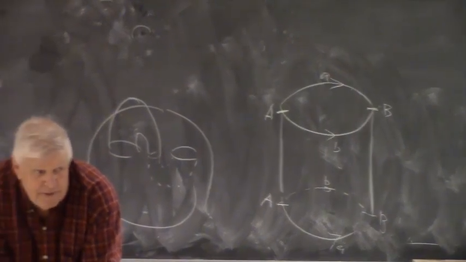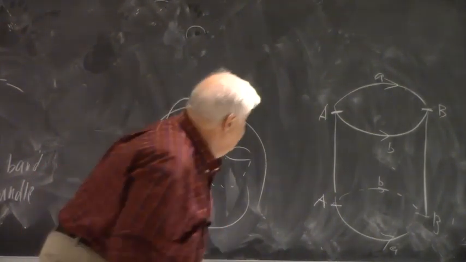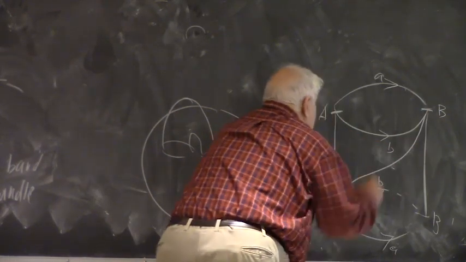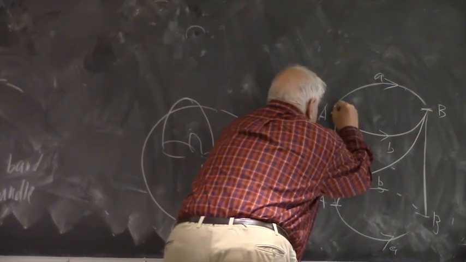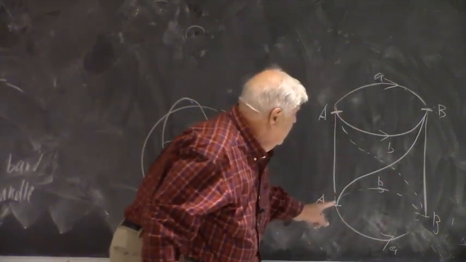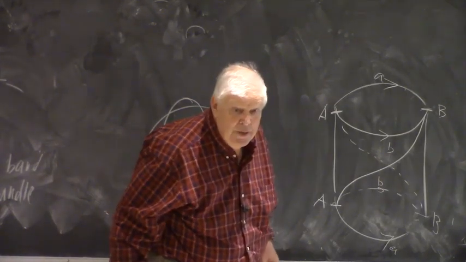Now take again a pair of scissors and cut the cylinder into two pieces. You see how it is done. Now, what are the two pieces? This one.